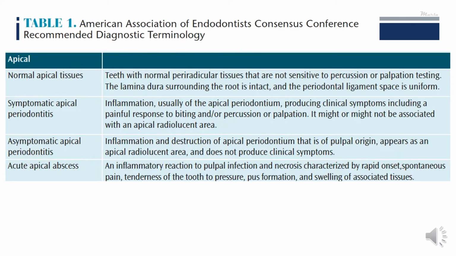If the inflammation is due to active infection, it can result in formation of pus which accumulates in the periapical area. In such a situation, it is referred to as acute apical abscess. The features of each of these pathologies have been categorized in these columns and can be referred to for further understanding.